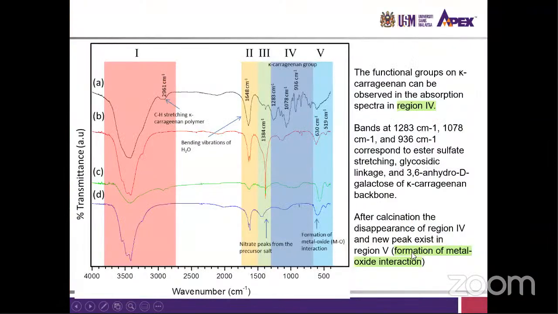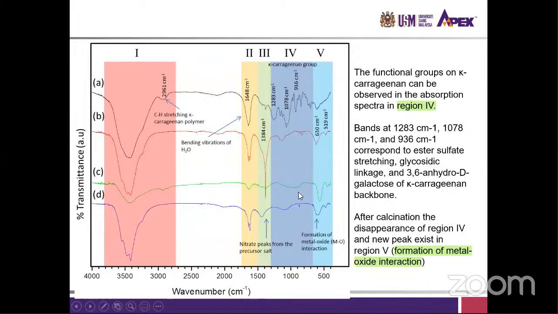From the FTIR, the functional groups of the kappa carrageenan can be observed in region 4 here: 1283, 1078, and 936. These correspond to the ester sulfate stretchings from the glycosidic linkage of the kappa carrageenan backbone.